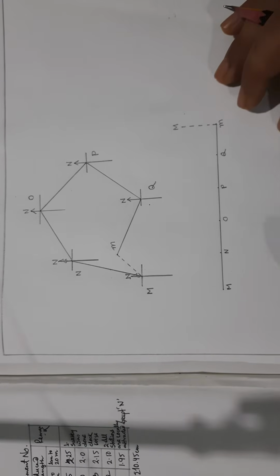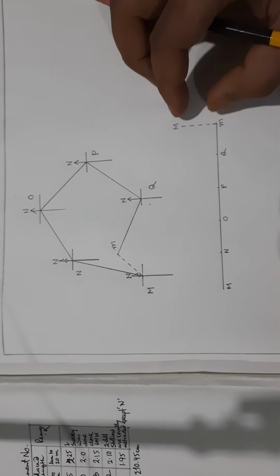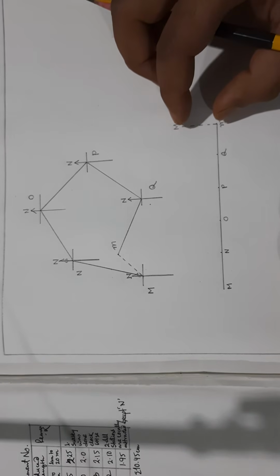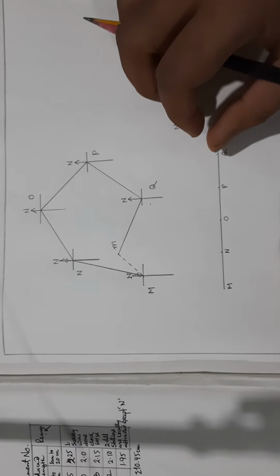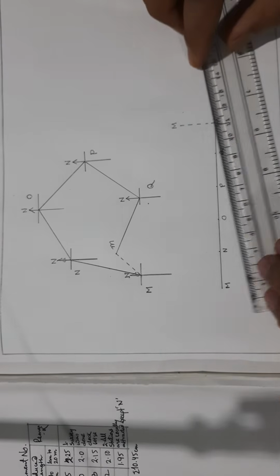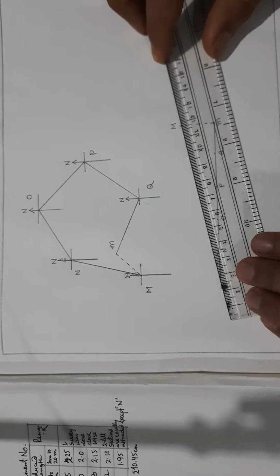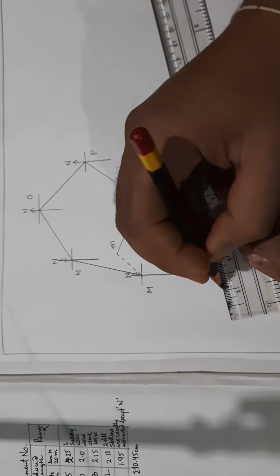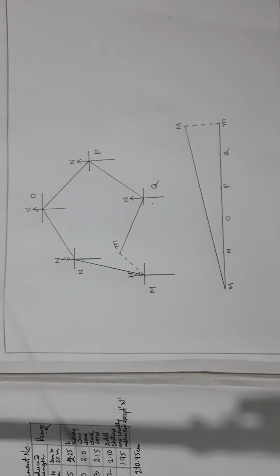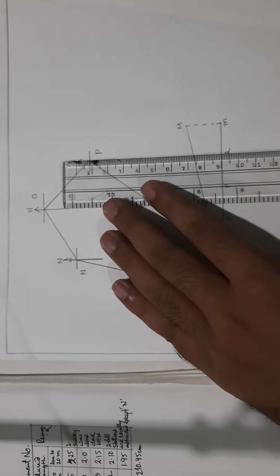The Bowditch rule shows that if the error between M and small m is this one, then what will be the error in Q, P, O, N? So we will draw a triangle and then cut the line vertically, all the lines vertically.